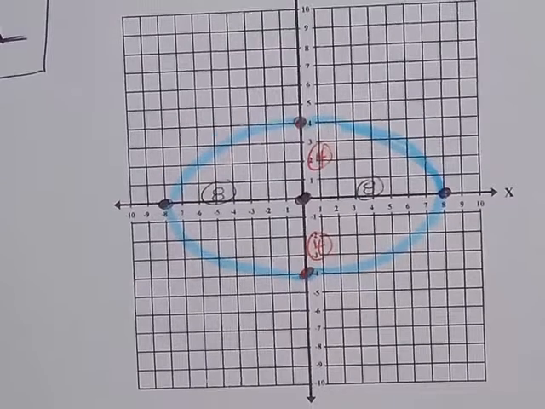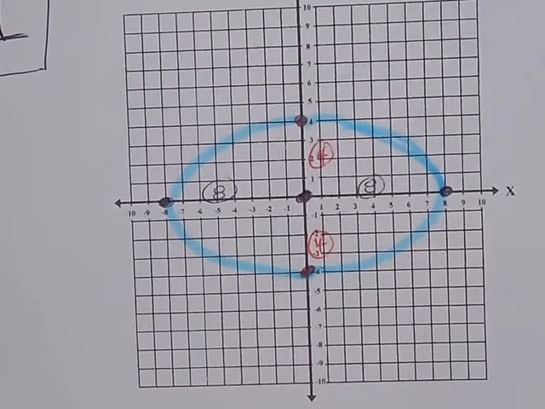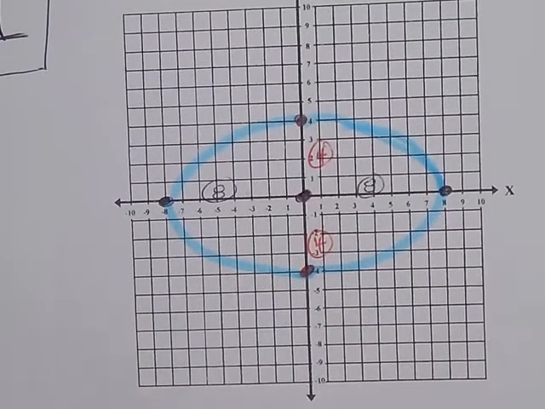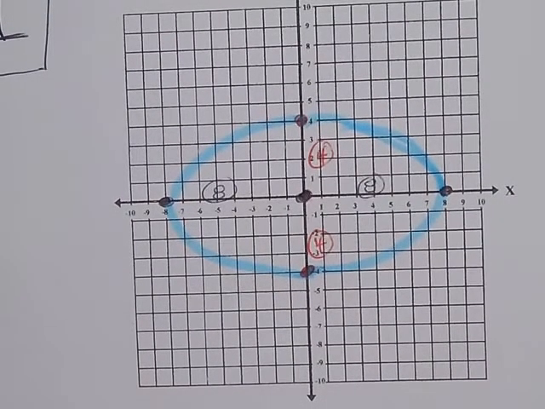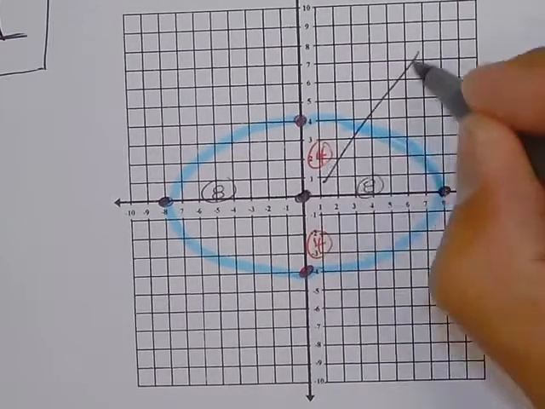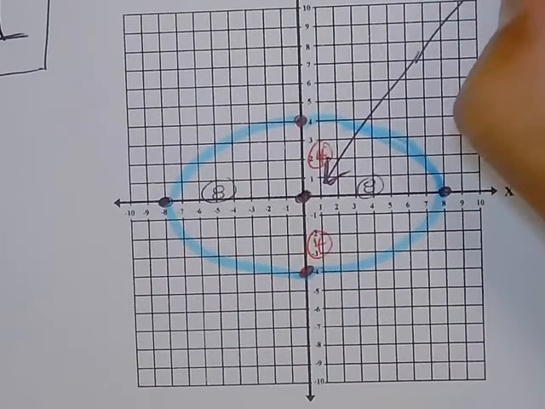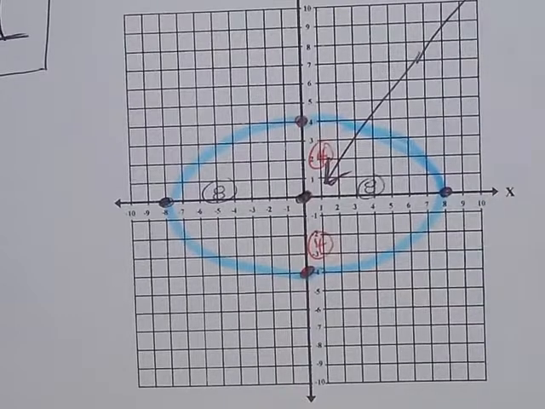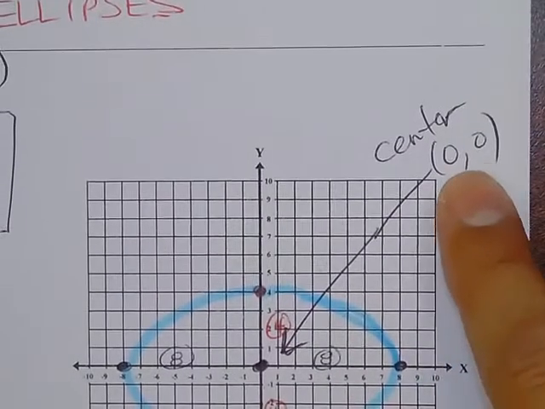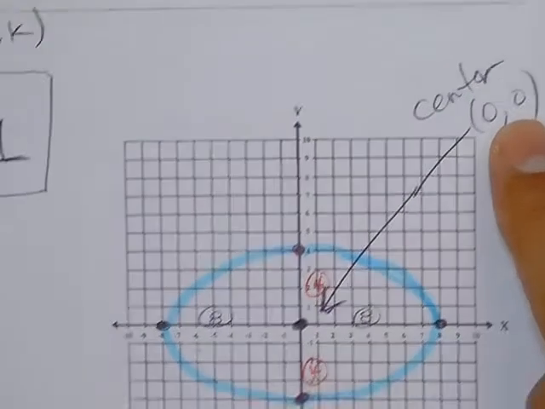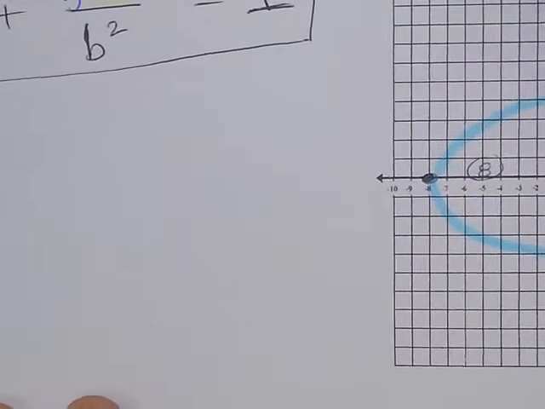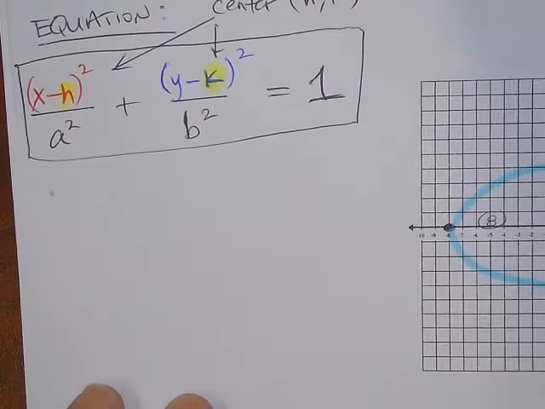Now, how do we produce the equation for this ellipse? Well, let's see. What's the center here? If the center is 0, 0, where does that reflect on the equation?